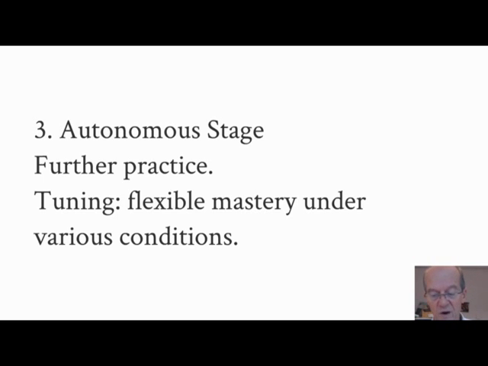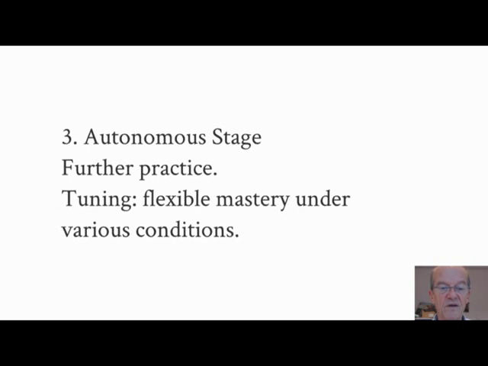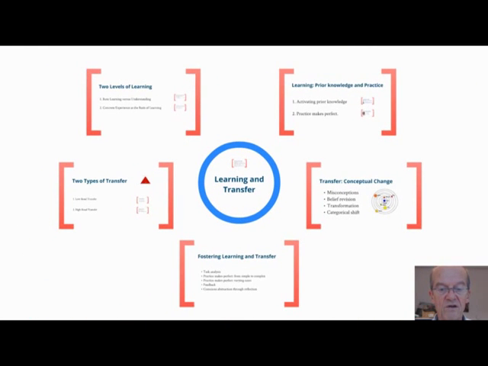Now this is the way in which John Anderson actually thought cognitive skills are gradually built up and become automatic parts of your repertoire. So these two mechanisms, activating prior knowledge and practice, are important mechanisms in the process of learning.